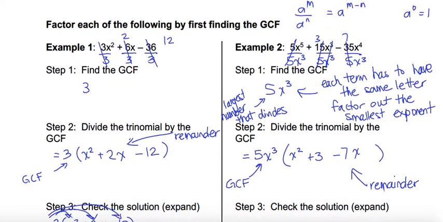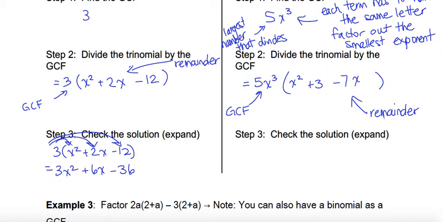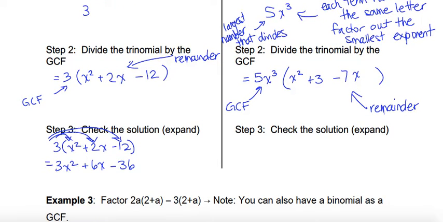So you can always check the solution by applying the distributive property to make sure that your answer will go back to the original.